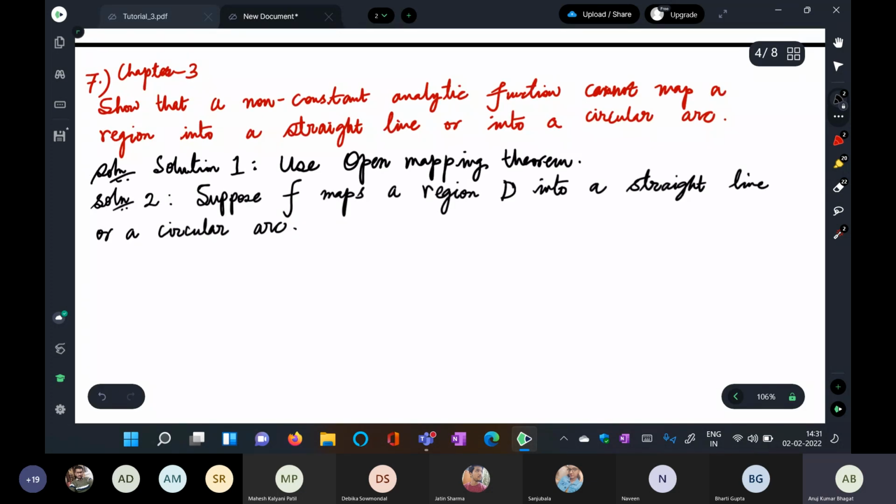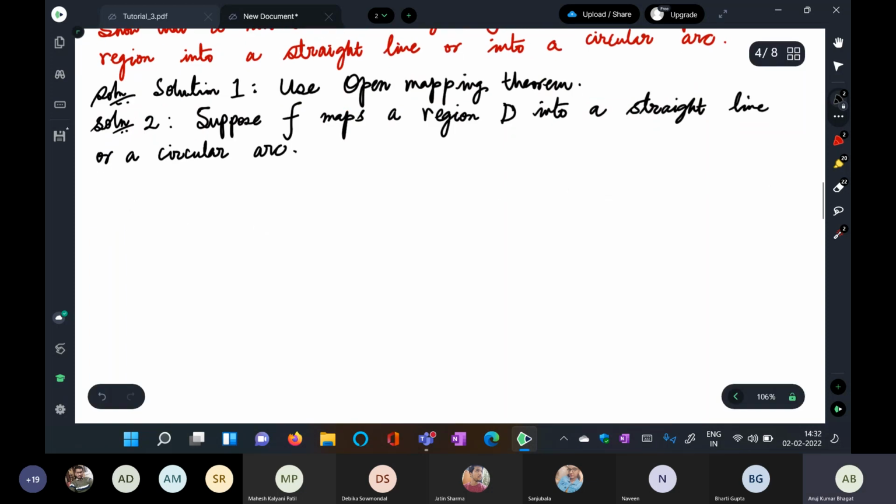I hope you understand the meaning of this. What is the meaning of this? The image of the whole region, f of D, is either a straight line or a circular arc. The whole image is a line or a circular arc. Suppose this region is D, and here is your output.